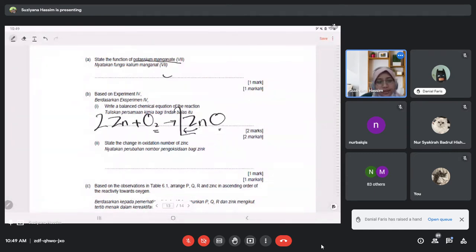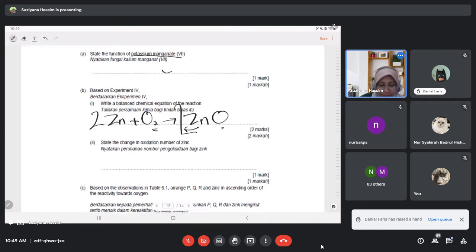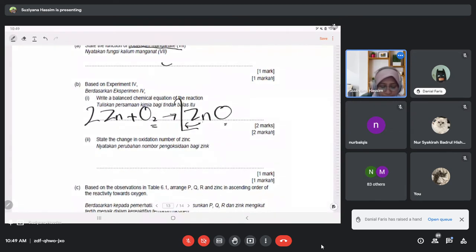Okay. And then they ask you, state the change in oxidation number of zinc. Oxidation number of zinc. So we know that zinc starts from 0 because it's a metal. No charge.